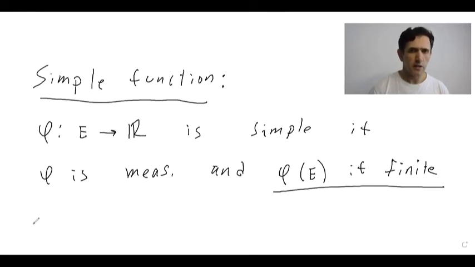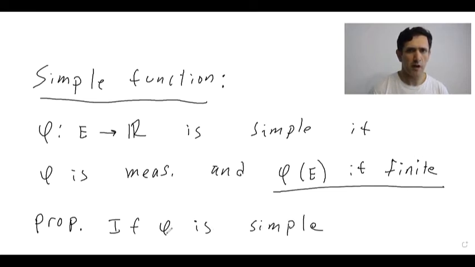Okay. So let's prove the following little proposition here, which tells us exactly how to write a simple function out. Whenever I say phi is simple, there's an underlying measurable set E that is its domain.